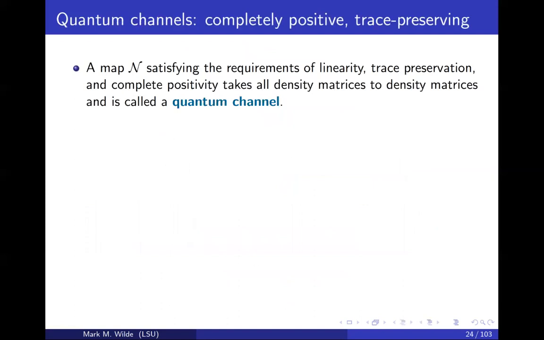So if you have a mathematical map that satisfies all these requirements of linearity, trace preservation, and complete positivity, then it will take all density matrices to density matrices, and that's what we call a quantum channel. So that's the definition. All of that was a bit of a mouthful.